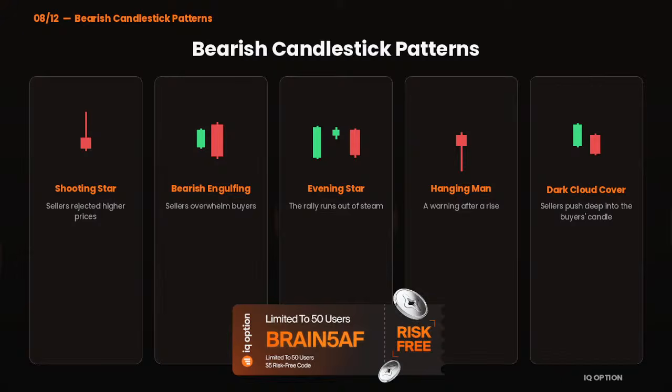What happened is that sellers didn't fully cover the previous candle, but they took back serious ground and came back fiercely and took their positions, which tells you that real selling pressure has arrived, and that sellers are now going to take control of the market. So that's what actually happened.